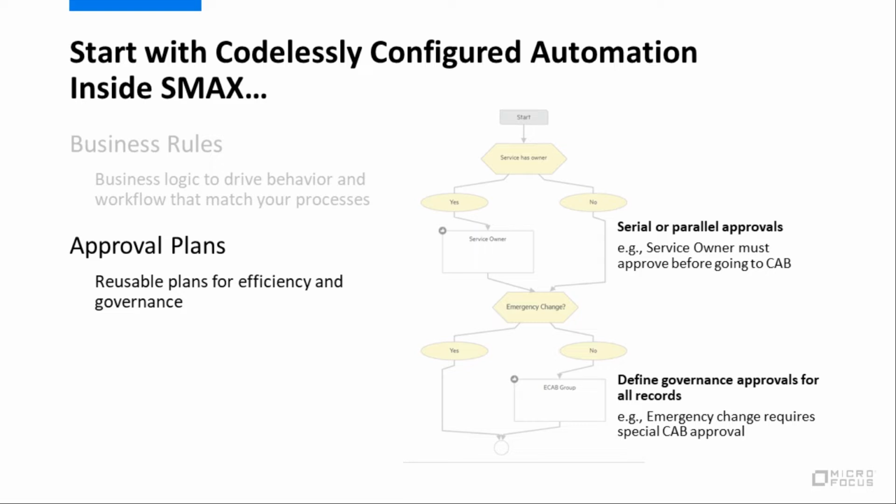Also, in this automation in the task plan, you have the approval plan, so you can add reusable plans for efficiency and governance. So you can define specific steps of approval, so you can have managers that can approve the process in order to continue, and just after that to enable the automation and to continue to respond in an automated way.